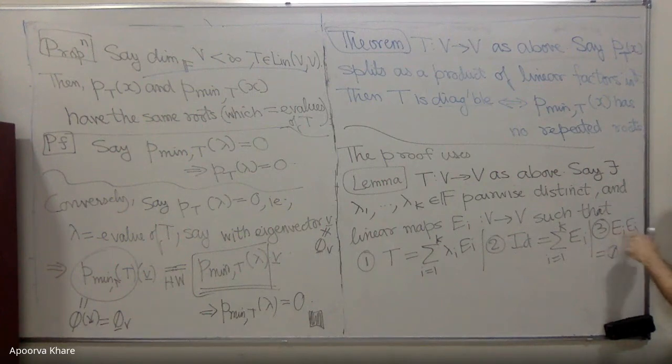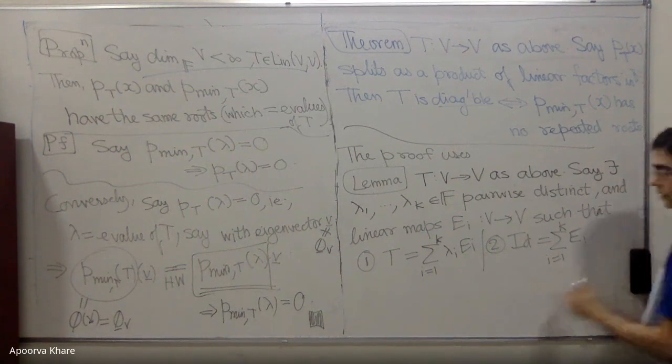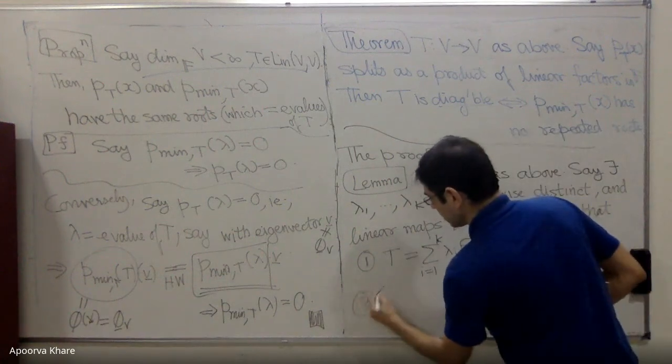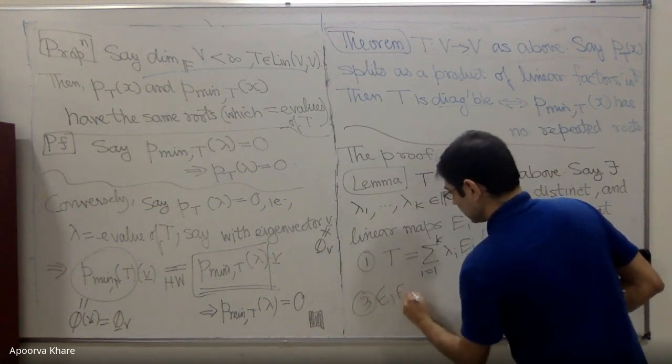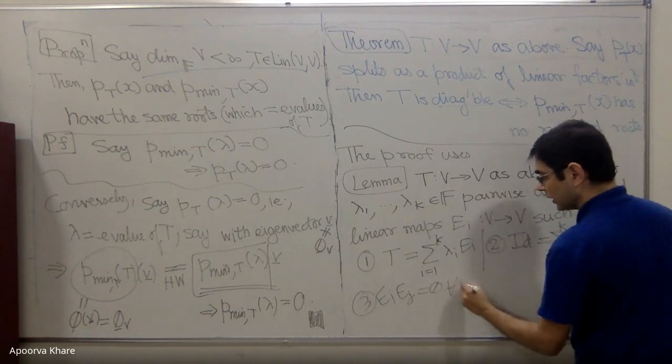If you compose any two of these linear maps, Ei Ej is the zero transformation for all i not equal to j.